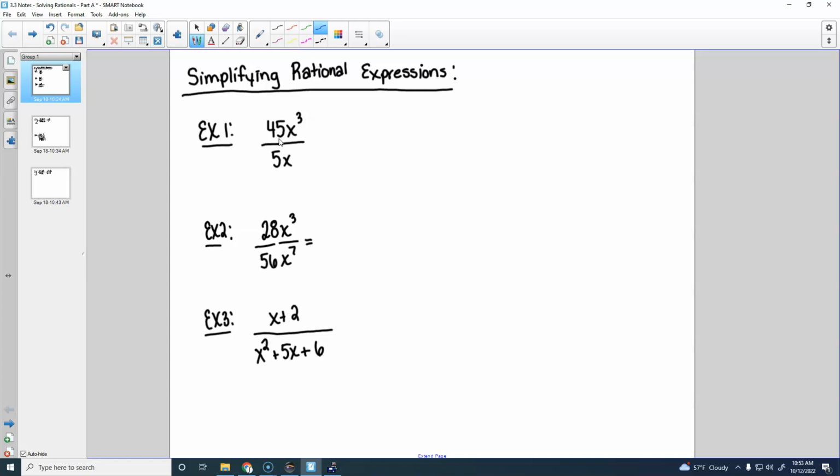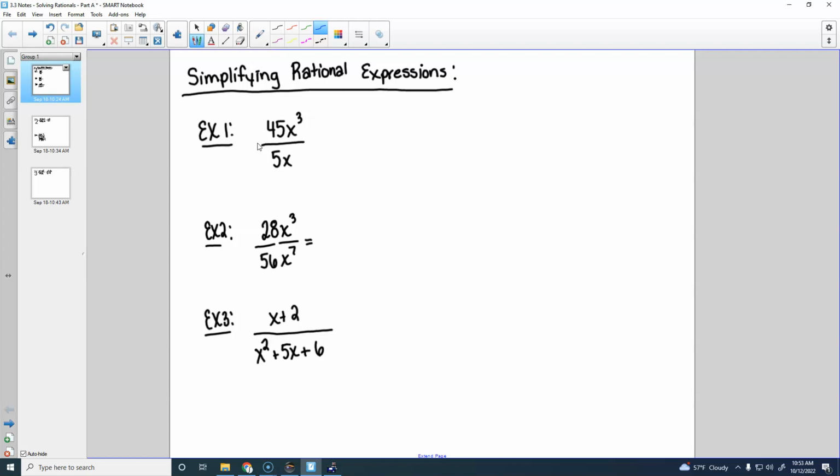So, whenever we have a problem like example 1, the first thing that I want you to do for these problems is you need to tell me what the excluded values would be for this expression. So, whenever we talked about domain of functions, what was one of the things that gave us trouble?